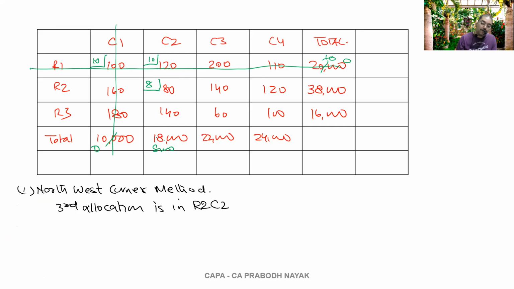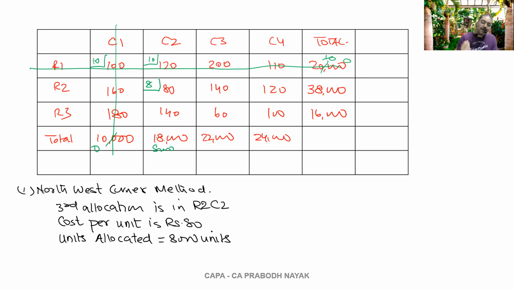What is the cost per unit there? 80 rupees. You asked for three things to be written: cell number, cost per unit and allocated units. Cost per unit is 80 rupees and units allocated equals 8,000. Finished. First part is over.